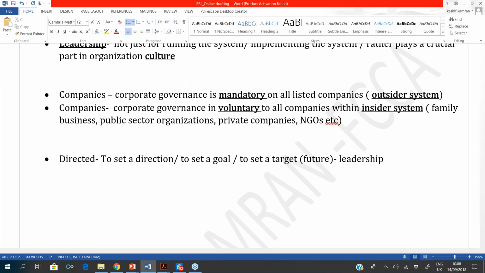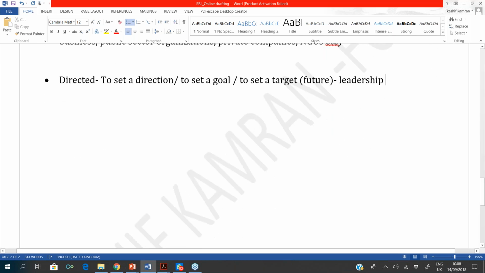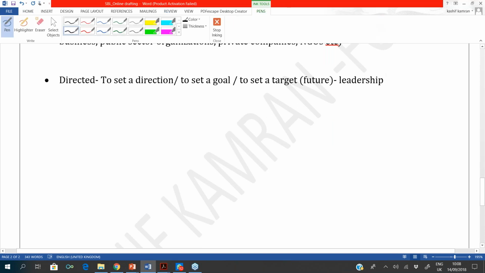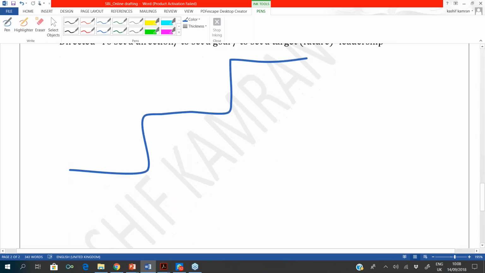To set a direction, to set a goal. Now try to understand this. When we say to set a direction, see the three levels here. These three levels are very important. Direction.